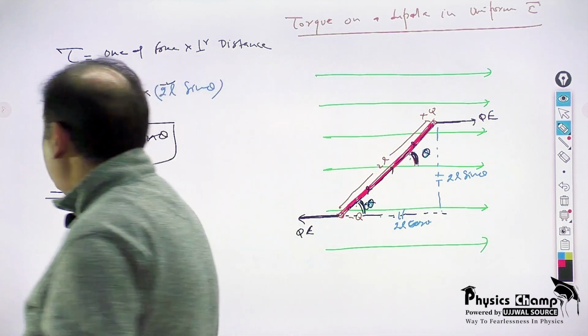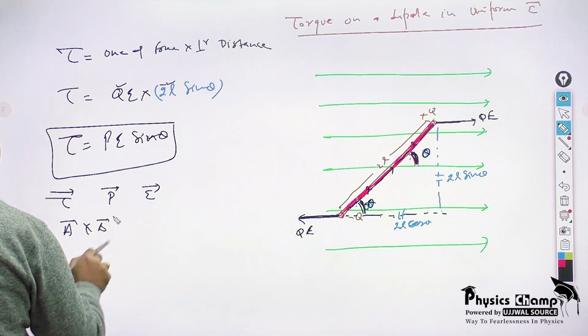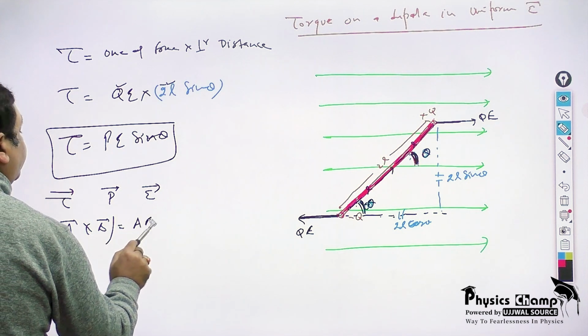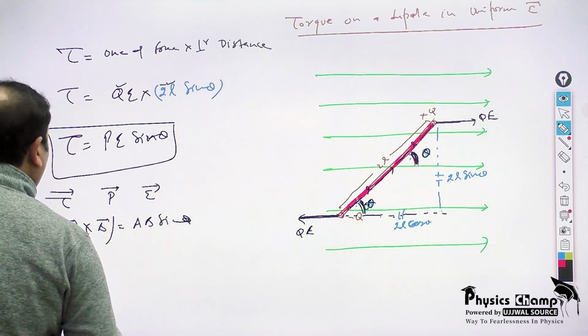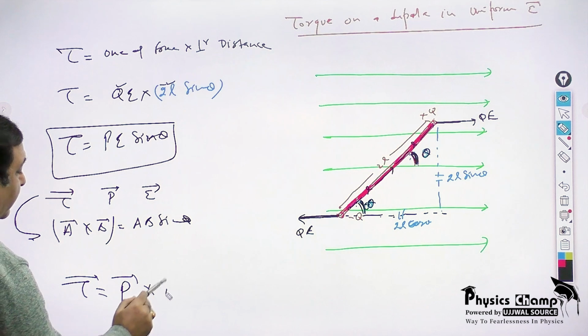And also we know the magnitude of A cross B is AB sin theta. So following the same idea, can I write this relation of torque in terms of the two vectors as P cross E?